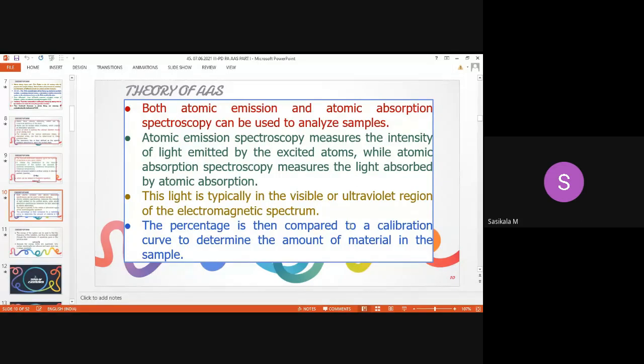The absorbance is then compared to a calibration curve to determine the amount of material in the sample. So you can compare the standard absorbance with the sample absorbance. That is what we have seen in the calibration curve method, a quantitative method. The same quantitative application can be applied for atomic absorption also. What are the methods we have seen? Direct comparison and calibration curve method.